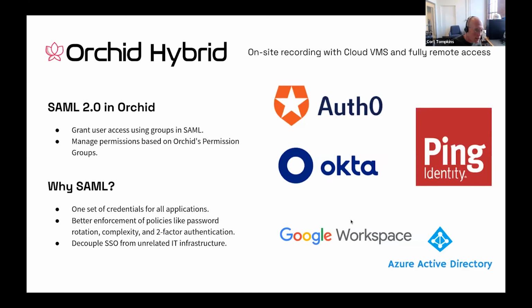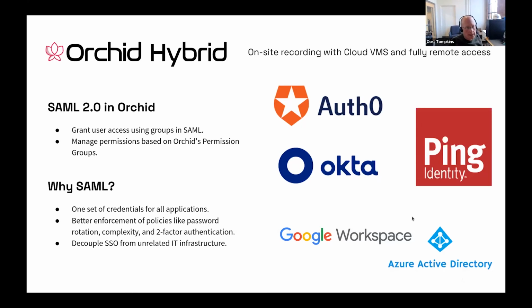So we do have a direct integration for Google Workspace and Microsoft Azure AD. Those continue to work, but now in addition to those legacy integrations, I can now also set those systems up as SAML single sign-on.